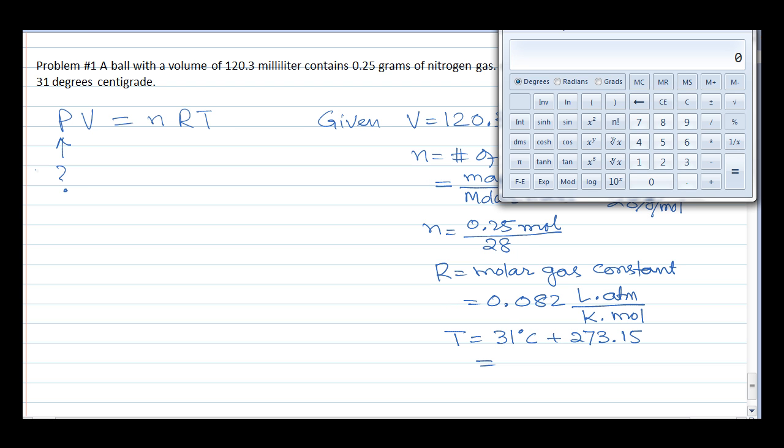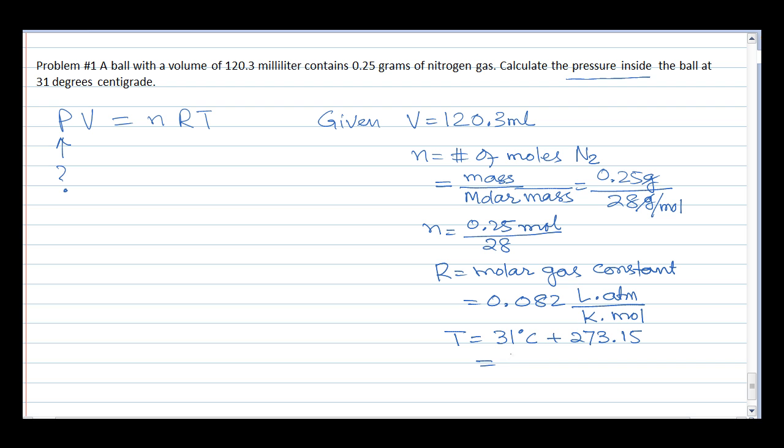So this is our calculator, and let's see, we have 31 plus 273.15, and that equals 304.15. So let me put that: 304.15 K. So now we have the parameters, right?